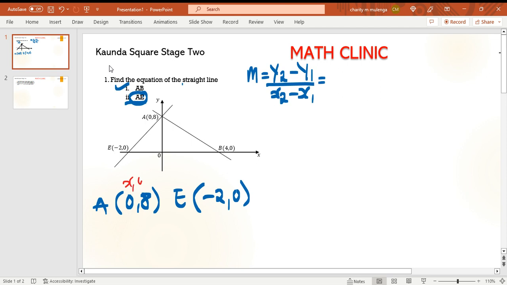Okay, so that is x1, that is y1, that is x2, that is y2. In our case, y2 is 0 and y1 is 8. So that is 0 minus 8 over negative 2, which is x2, minus 0.